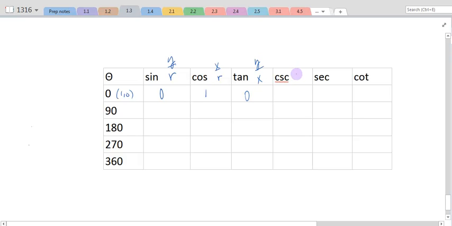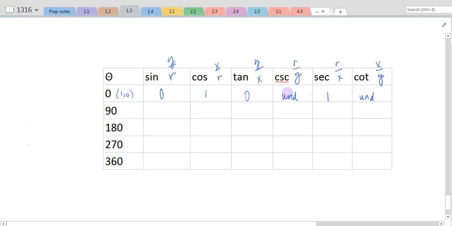Okay. Cosecant. Remember, cosecant is the reciprocal of sine, so this is going to be r over y. Well, y is 0, and therefore this is undefined. Secant would be r over x, which is 1, and cotangent is x over y, and remember we said y is 0, so this is undefined.